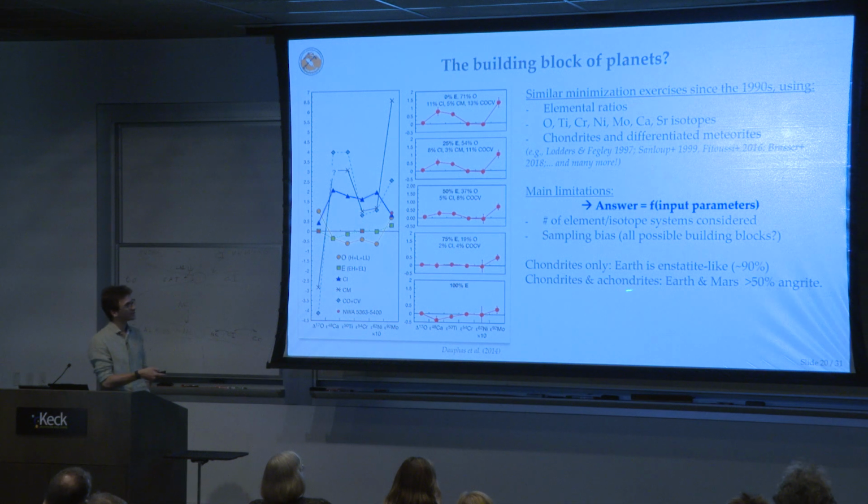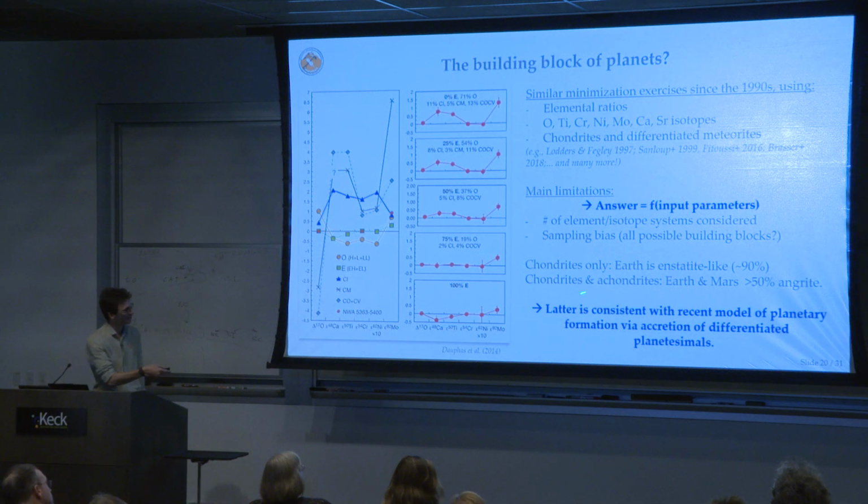If you consider achondrites, then the Earth and Mars both require something like 50% of angrite, which is a pretty small family of meteorites. There's only 30-something samples from them. It wasn't supposed to be or thought to be a very important family of meteorites, but they look very much like the Earth. This second argument actually is very much in line with the current thinking that you make planets from differentiated planetesimals, not from chondrites, which are the leftover of planetary formation.